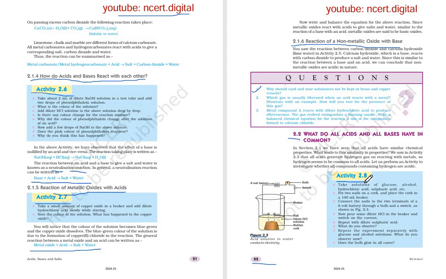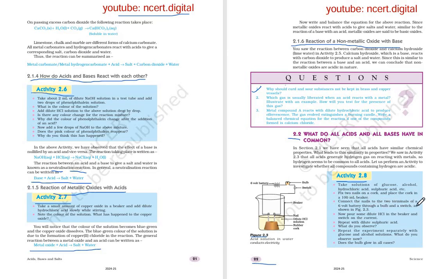Figure 2.3: Acid solution in water conducts electricity. Activity 2.8. Take solutions of glucose, alcohol, hydrochloric acid, sulfuric acid, etc. Fix 2 nails on a cork and place the cork in a 100 milliliter beaker.